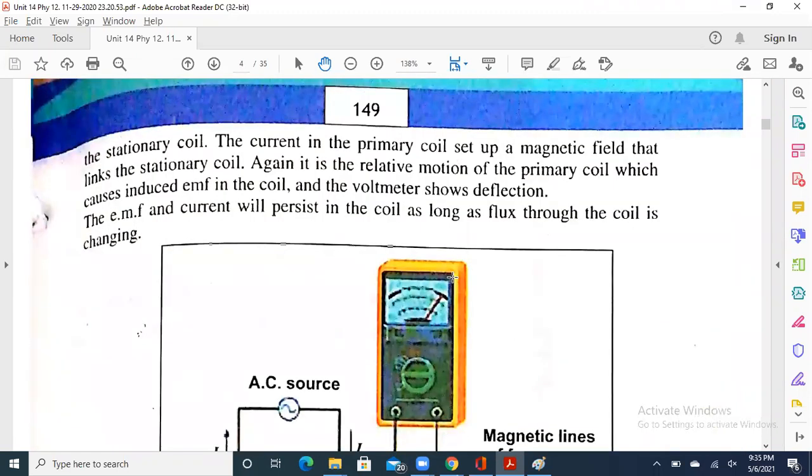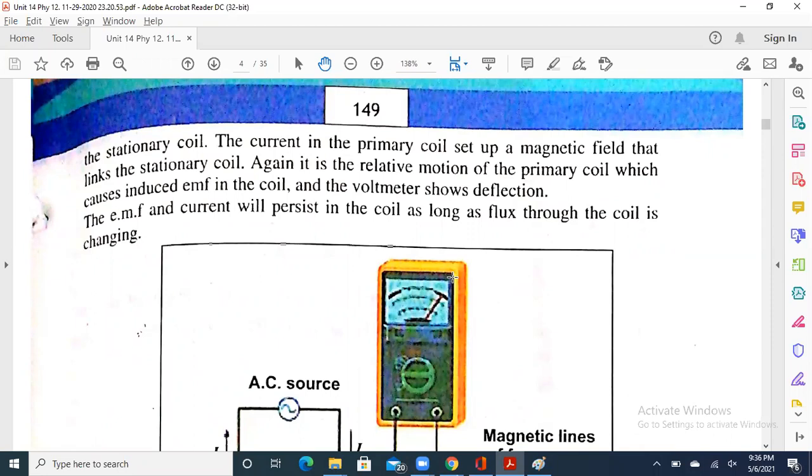Now we'll be moving ahead and trying to understand another thing, and that is the induced EMF, and we'll be getting more details about it. On the previous day, we got the concept of how the EMF can be induced from one circuit or one coil to another coil.